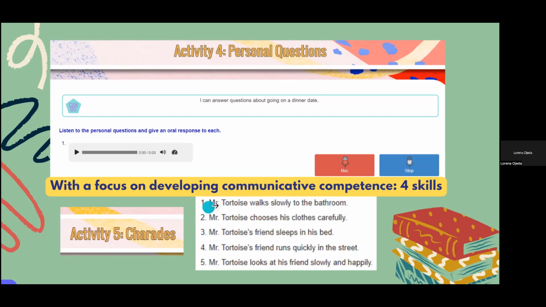So students have to mime the whole sequence. So they have to mime Mr. Tortoise walking slowly to the bathroom. So you can build up all these different sections and have them represent the whole sequence. So they have to guess and they have to build a sentence to answer to the charades. So that's another way to do it.